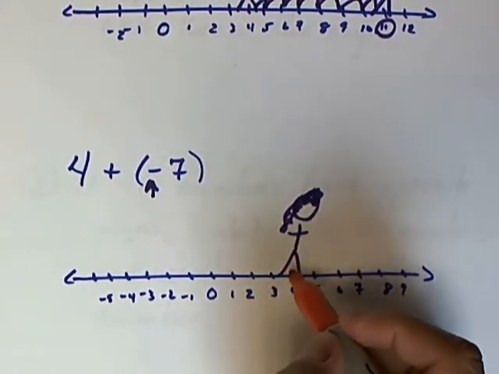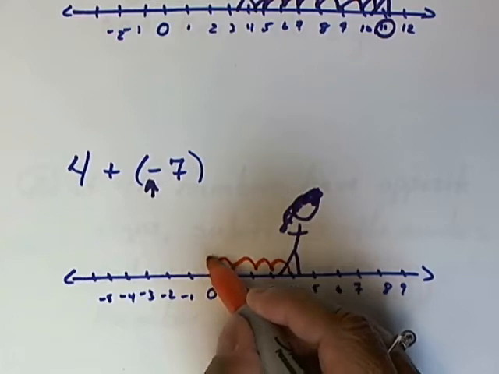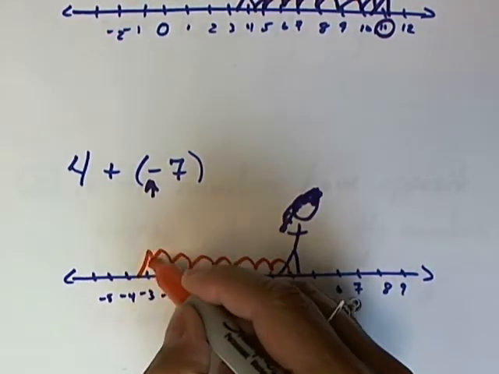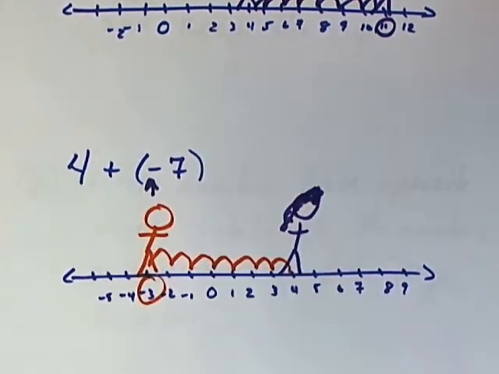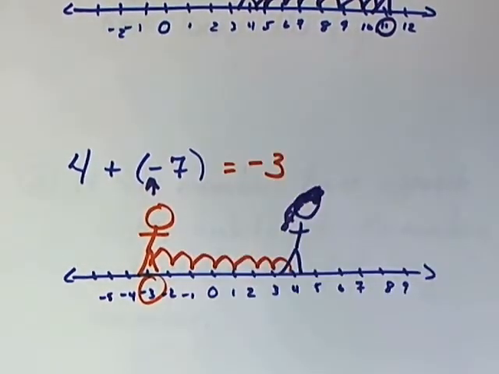So I go backwards 7 steps. 1, 2, 3, 4, 5, 6, 7. And here I end up at a negative 3. So if I had $4 and I take away $7, or I add a negative $7, I'm at negative $3. I'm in the hole. Right?